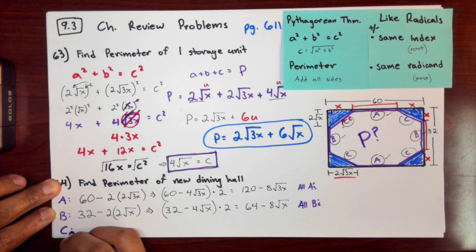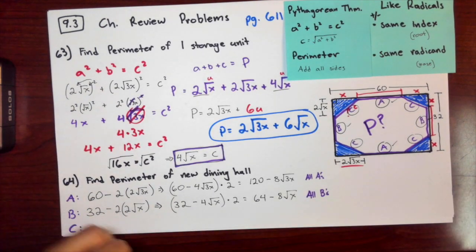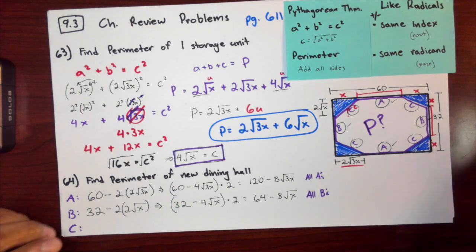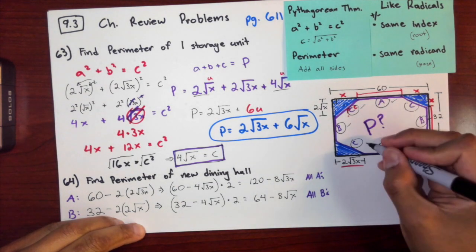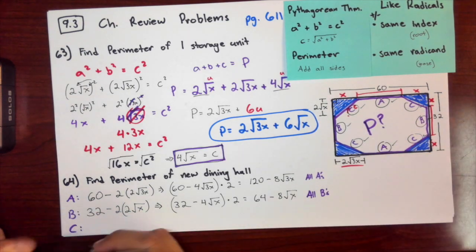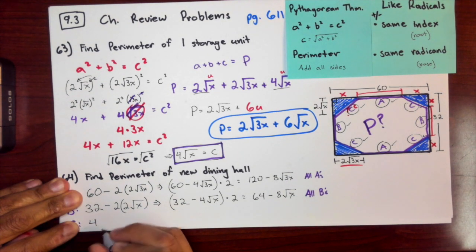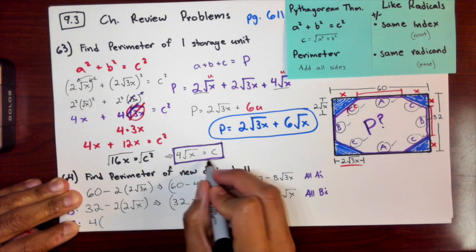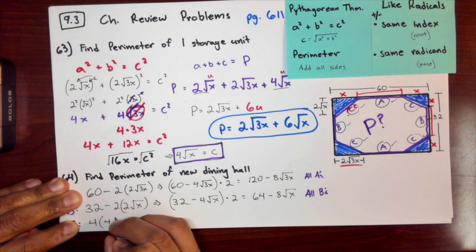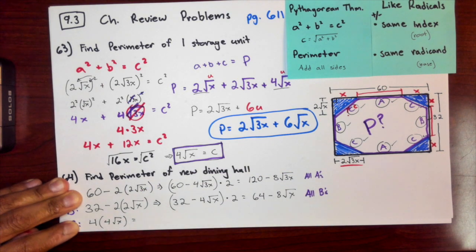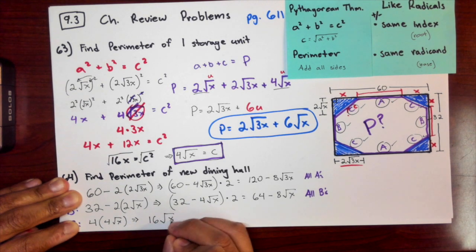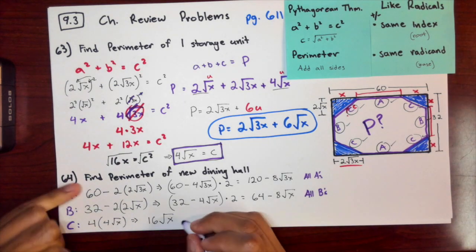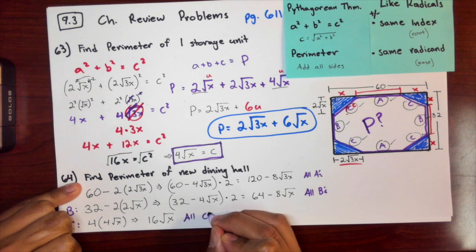So to find the c value, basically it is 4 square root of x times 1, 2, 3, 4. There are 4 of them. Basically 4 times whatever c was, which is 4 square root of x. When we simplify that, we get 16 square root of x, and that is all the c values.